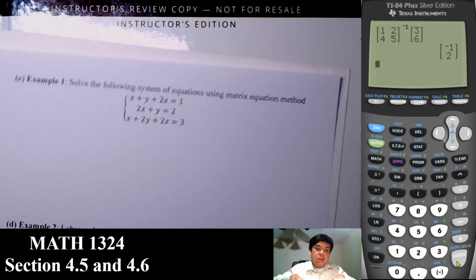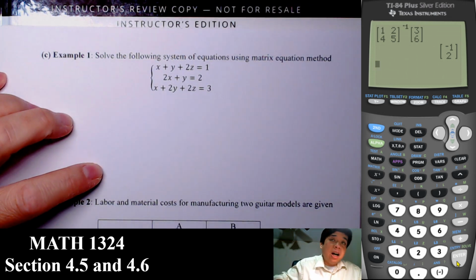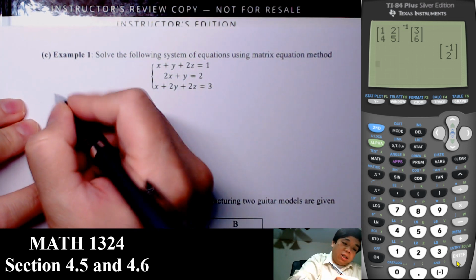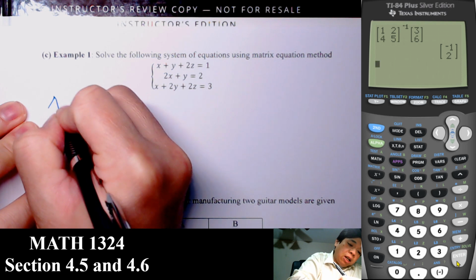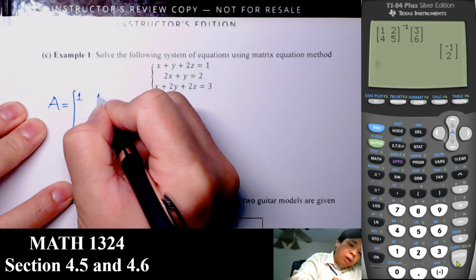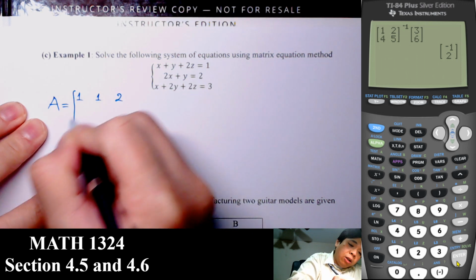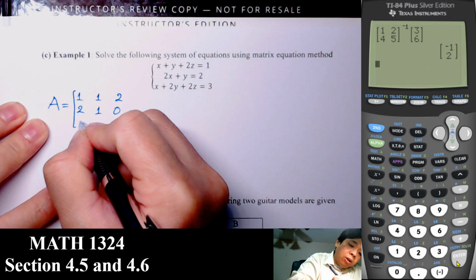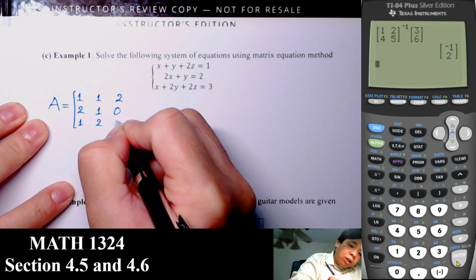Now let's use that again for this. This is 3 equations with 3 variables. Definitely we're going to use the calculator here. So the matrix A is 1, 1, 2, 2, 1, 0, 1, 2, and 2.